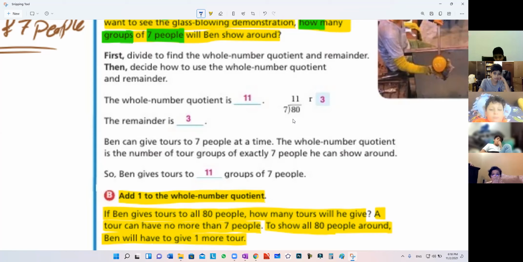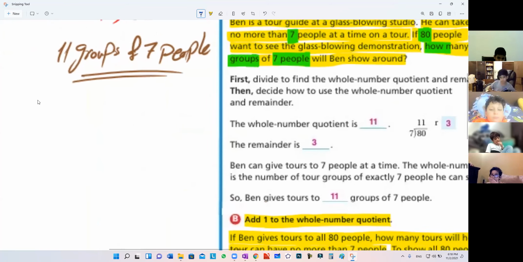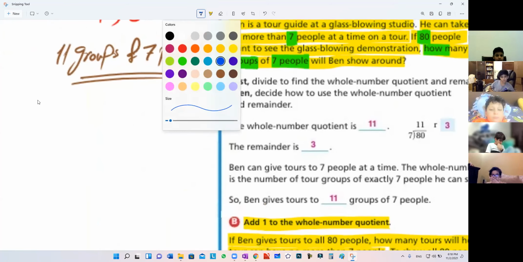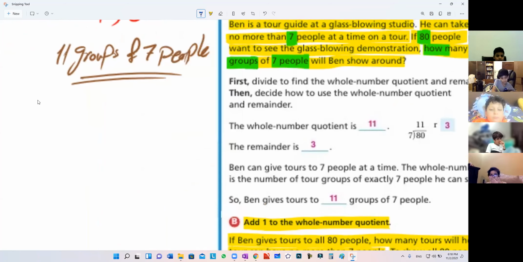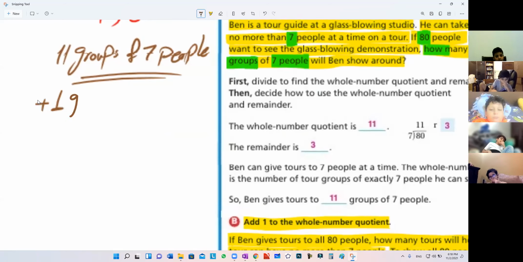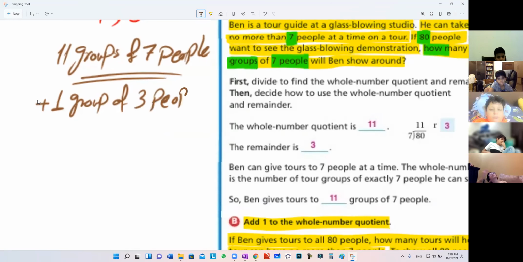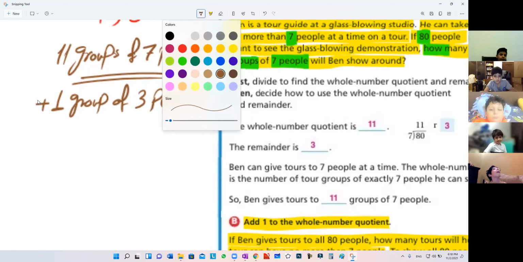So if he gives them one more tour, how many tours will it be in total? We have 11 groups with 7 people, so we're going to add one group of 3 people, right? Yeah. So how many groups do we have now?